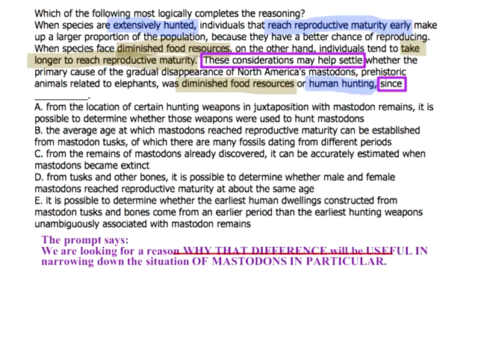For this difference to actually be useful in settling the issue, as opposed to just being a cute fact about animal demographics.